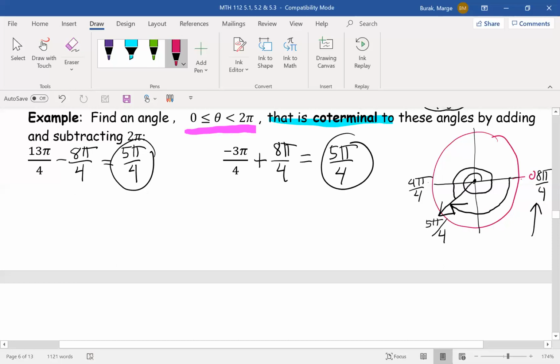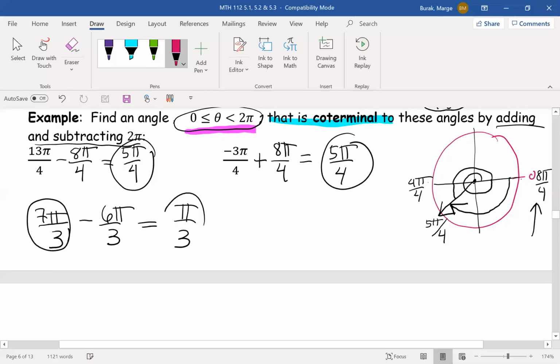Okay, so finding coterminal angles, if we're in radians, you add or subtract 2 pi. Say if it was thirds, 7 pi over 3, then I would subtract 2 pi, in thirds would be 6 pi over 3, and that would give me 1 pi over 3. So that means that 7 pi over 3 and pi over 3 are coterminal, same angle.